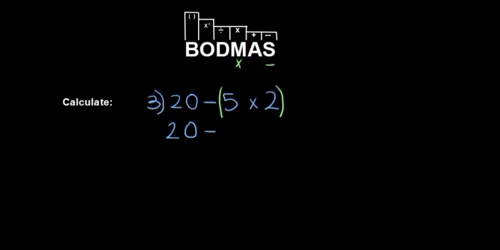So that means we'll multiply 5 by 2 to get a 10. And now multiplication is gone. And lastly, we'll subtract a 10 from a 20 to get 10. And the subtraction is gone. So this is the final answer.